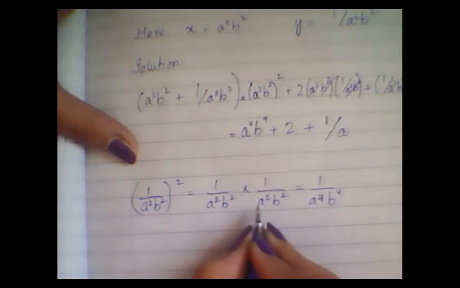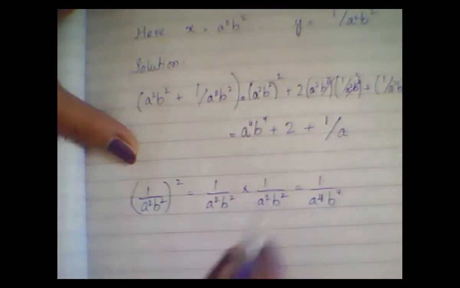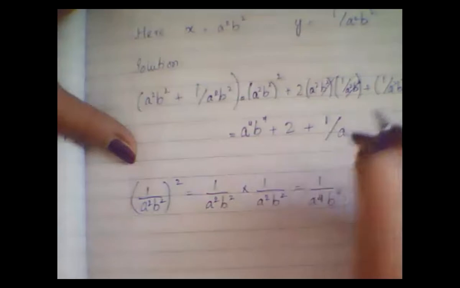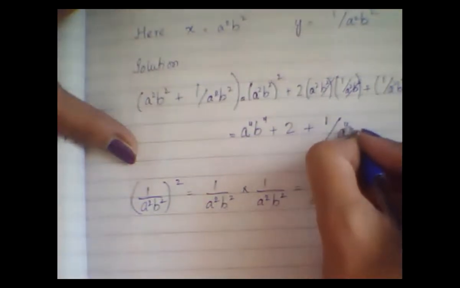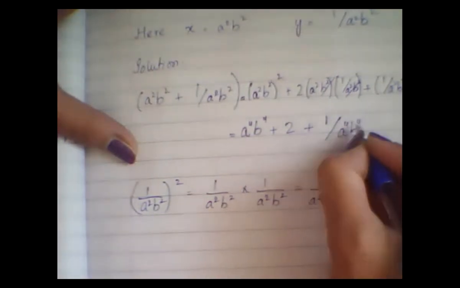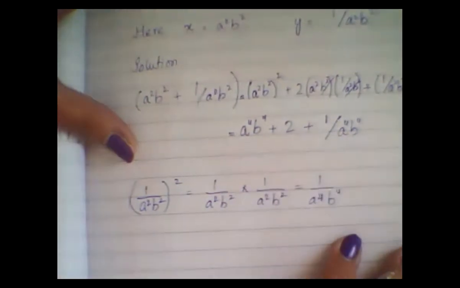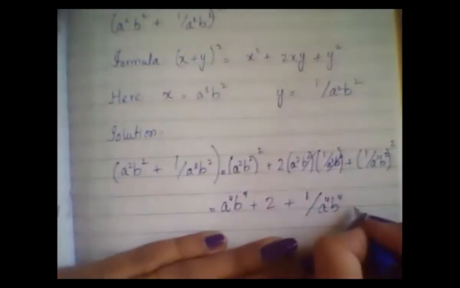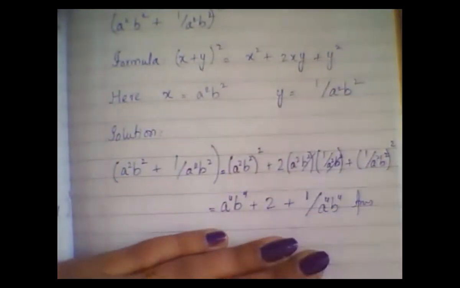When bases are the same, powers will be added. Manahil, very good beta. So here we get a raised to the power 4 and b raised to the power 4. Is it clear? Now this solution is clear. Here we get the answer.